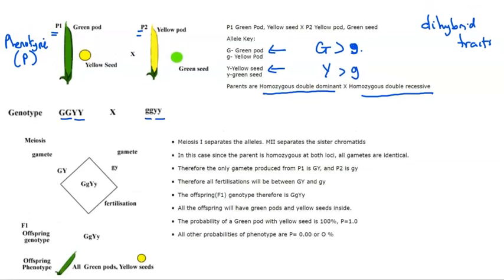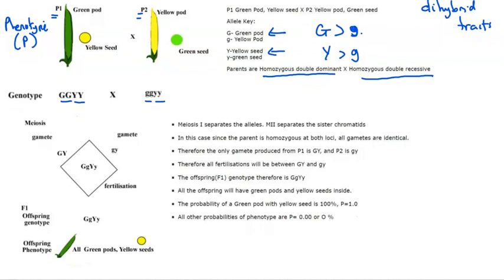Now then, when we go through meiosis, this is a fairly straightforward one, that because we separate the homologous pairs, so we're going to have big G, and we separate this homologous pair, so we're going to have big Y. The same can be done on the left, with small g's separate, the small y's separate.